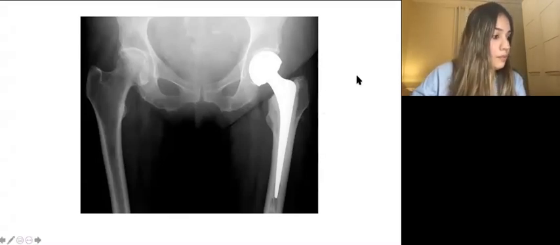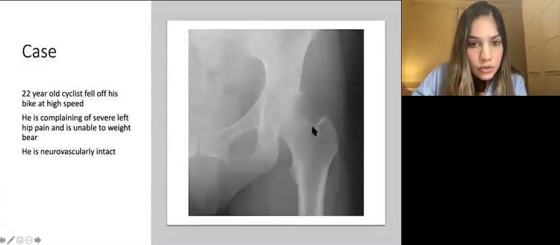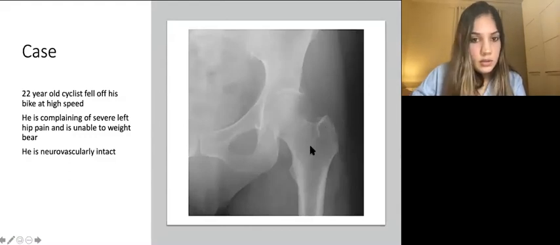Generally in older populations, just due to frailty, you just do hemiarthroplasty. Whereas if you have an intracapsular displaced fracture in a younger patient, they would go through a total hip replacement because they're more fit for it and it would last them longer. So just over here is the fracture line.